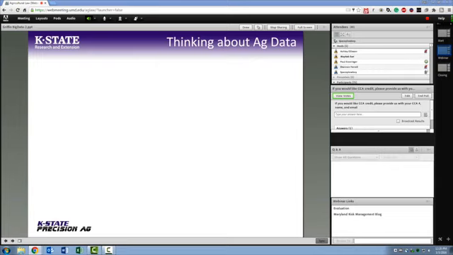So a big thing as an economist I wanted to get across today is how we think about ag data. And one of the big things I think is really important is that we as people treat, and that's just the way that we're hardwired, or at least we're accustomed to thinking of things as being intangible, being real.